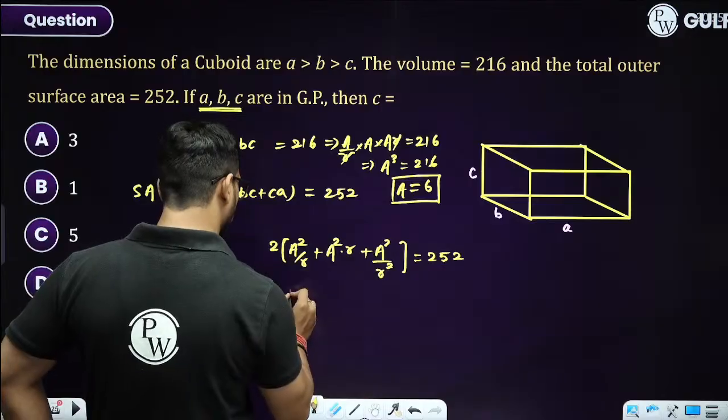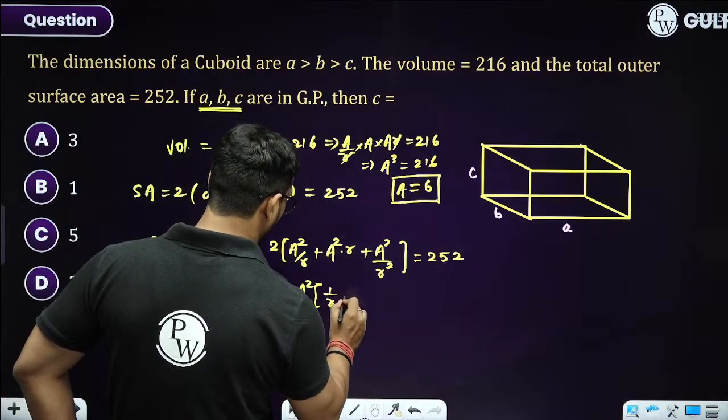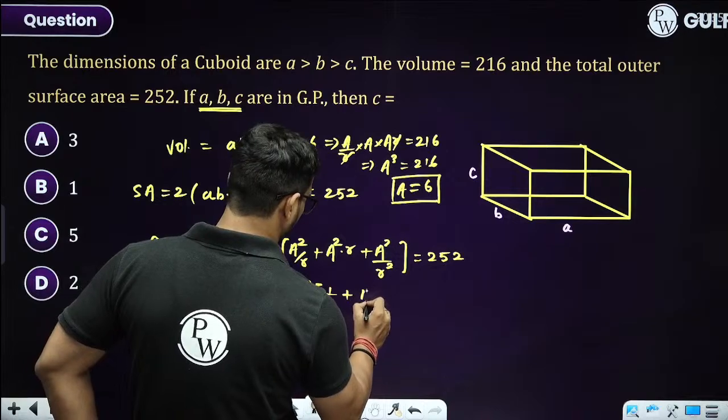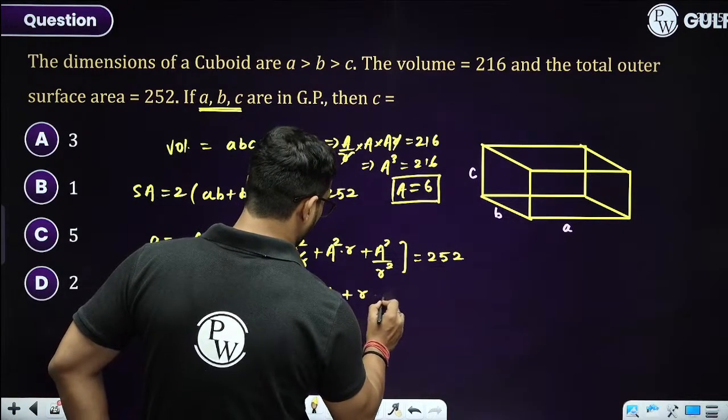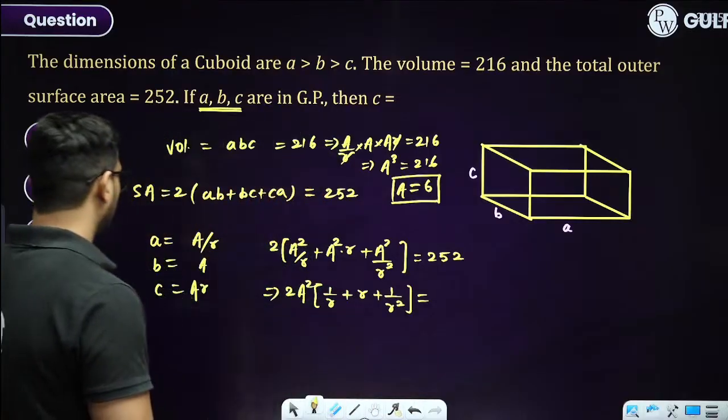We can take A square common. So 2A square into 1 by R plus R plus 1 by R square.